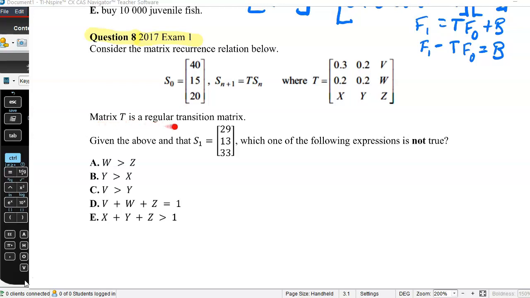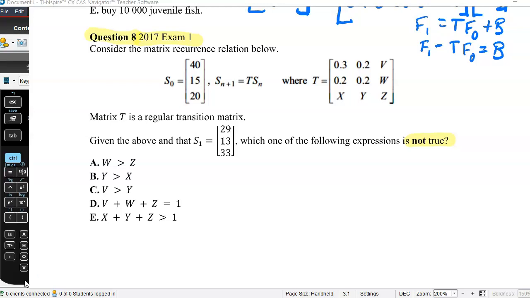Matrix T is a regular transition matrix. Given the above, and that S1 equals 29, 13, 33, which one of the following expressions is not true? Not true. Always be careful. They usually bold it if it's not true, but reread that carefully to make sure you're reading it correctly.